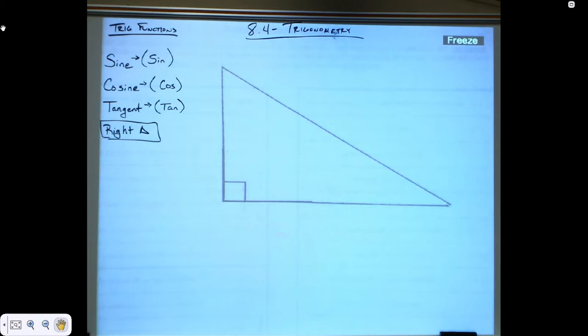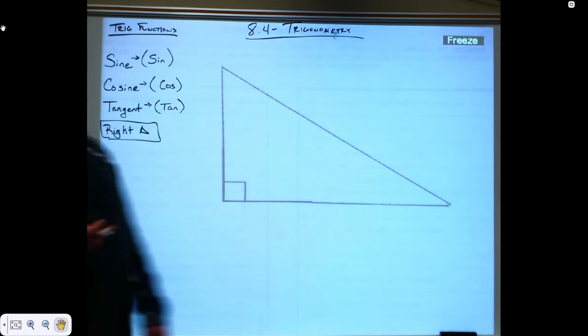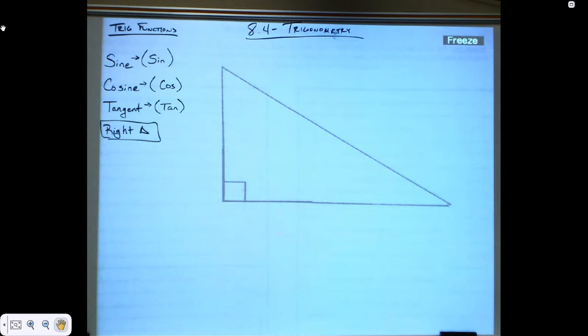What these are is a ratio that always happens in right triangles. You have a sine ratio, your cosine ratio, and your tangent ratio.